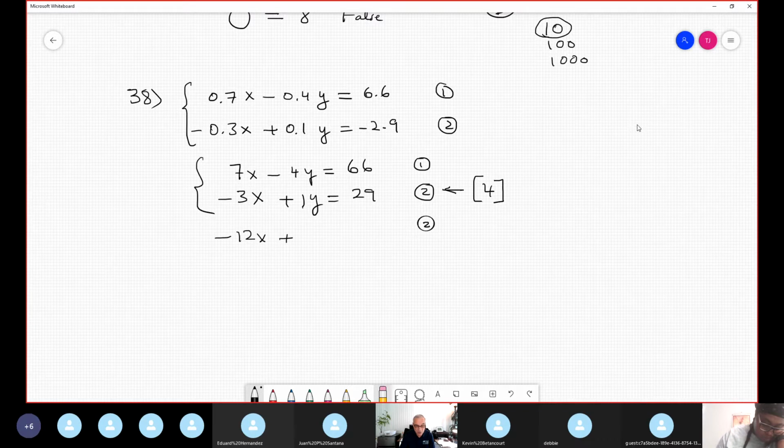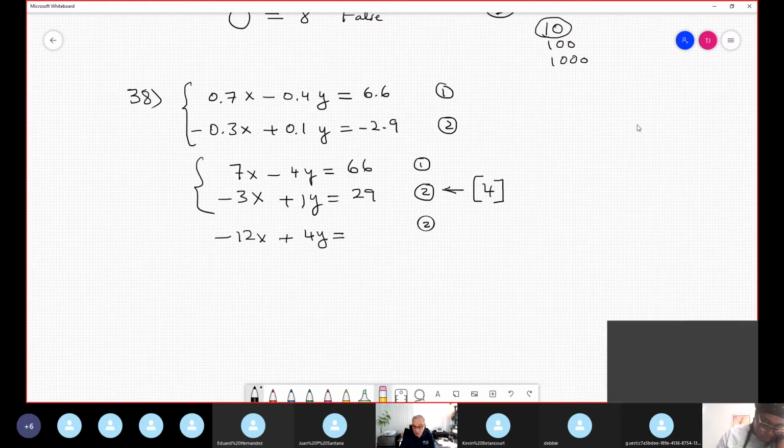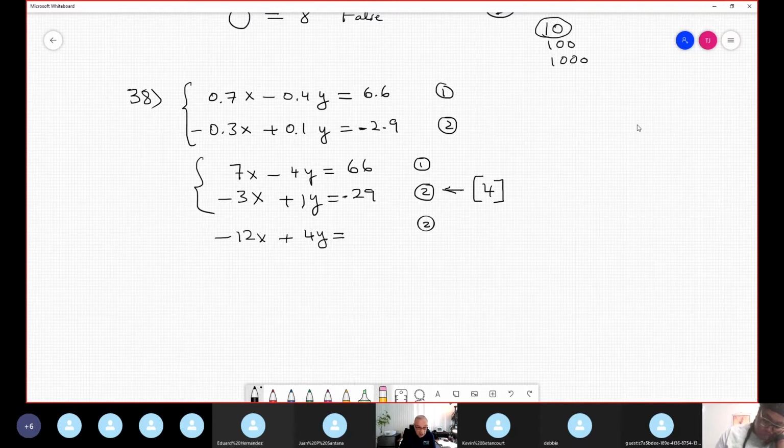Positive 1 invisible, that we have here, times 4 is 4y. And 29 times 4, I did 29 negative. Oh yes, okay, thank you. You saved my life. I forgot this negative came here. So actually it's negative 116.